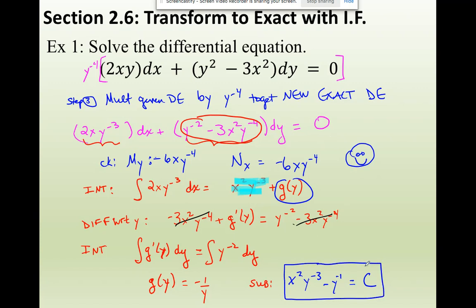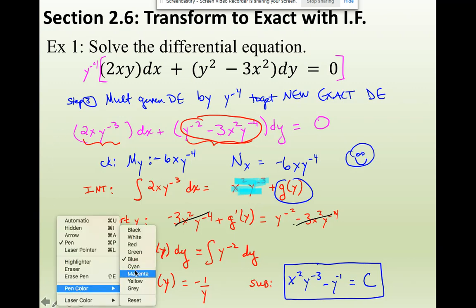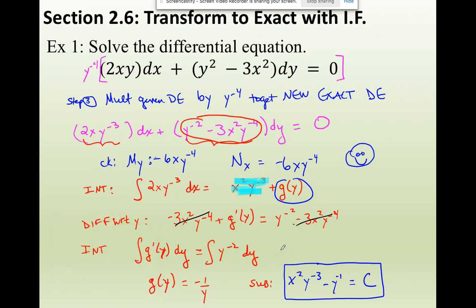Whoa. Hey, can you check your work? How can I check my work? What is the partial with respect to x? These are so bad.